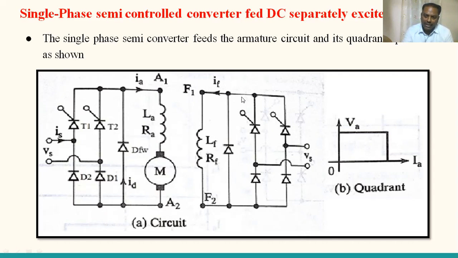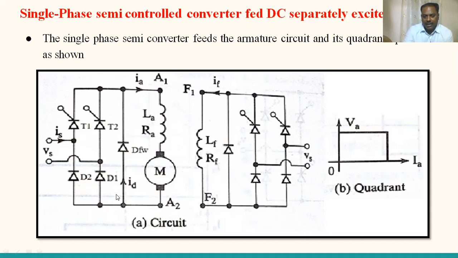If you supply the field circuit through a converter, based upon the firing angle variation, you can achieve different field currents, so that different fluxes are possible. So armature control is possible with the help of this converter, and field control is also possible with the help of this converter. Clear? So as per the field supply, this converter is operated, and then the field current is passing through the F1, F2 circuit, so that the field circuit will produce the flux.